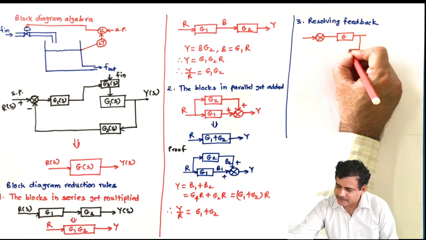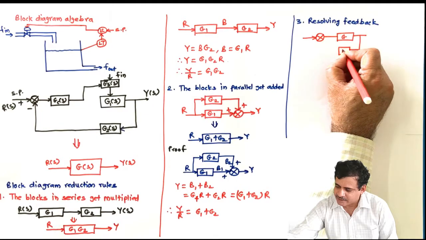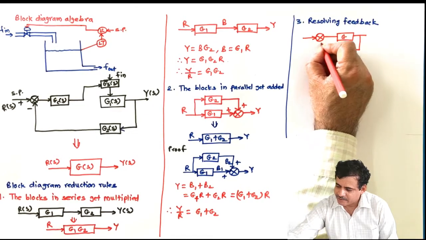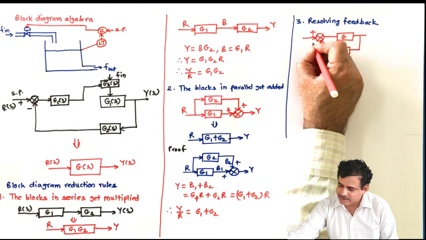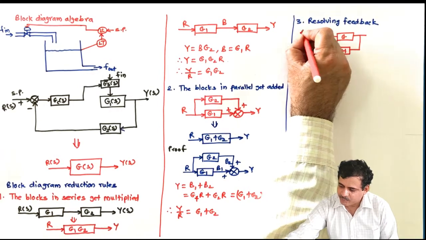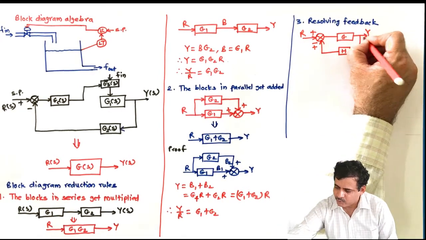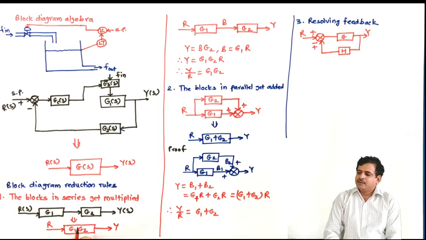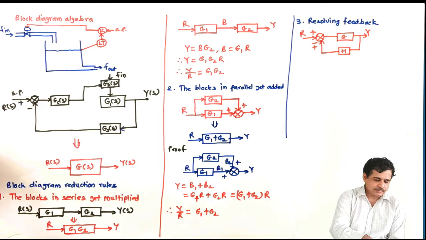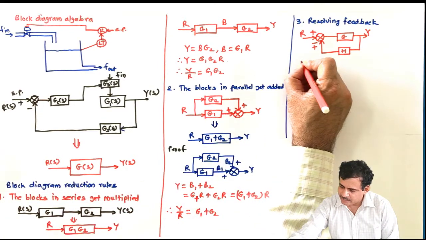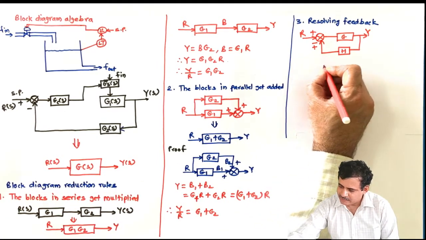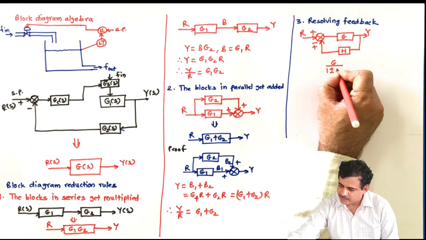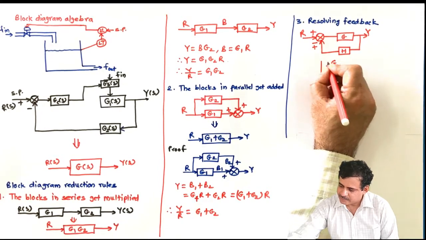If you do not understand this, then you cannot apply the block diagram algebra. The feedback can be positive or negative. We will consider both. So in this case, y by r is given by G upon 1 plus minus GH.